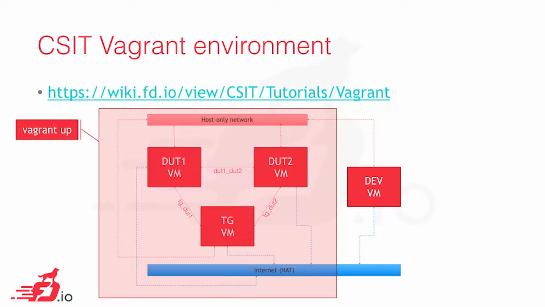This link contains... anybody here who tried that Vagrant tutorial, which is on the wiki? Apart from me? Apart from Maciek. So if you want to try it, please try it and then shout on the CSIT channel, because there are a few steps that I think are not covered very well at the moment.